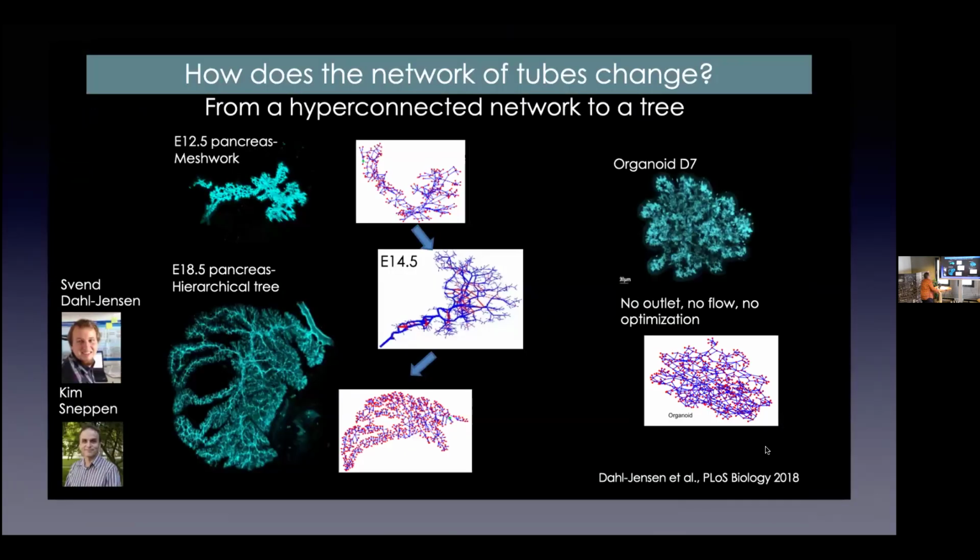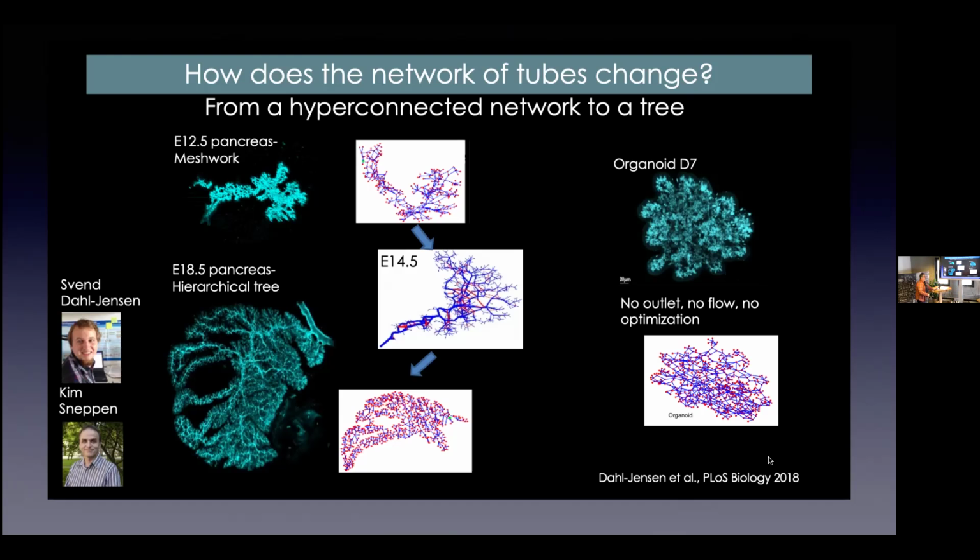Okay, and like I just said, at adult times you get a tree, and this is work that's pretty old at this point from the lab, actually before they were in Dresden, before I knew any of them. They showed the time course of development of the pancreas in the mouse that goes from hyperconnected to tree-like, and they also have some complementary organoid data that is very, very hyperconnected and complex.